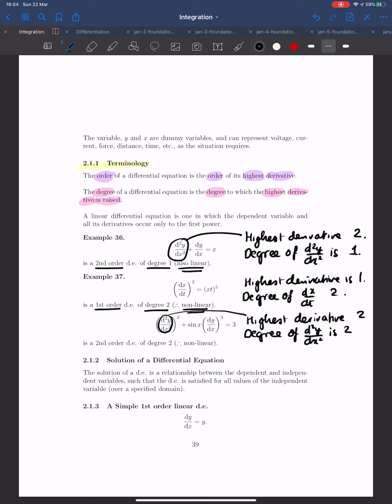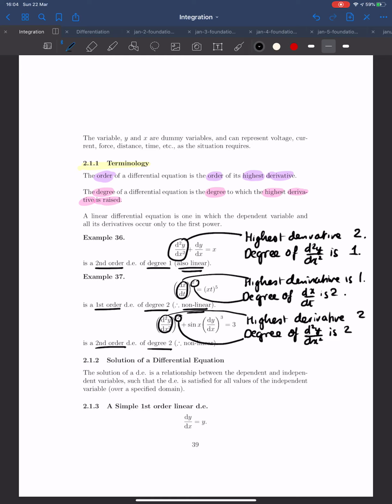Even though there's a 3 in this other dy by dx, that doesn't count for anything because it's not the highest one. So the highest derivative is there, and the power is 2. So it's second order, degree 2. You've got to look for the highest derivative, that gives you the order, and then see what power it's raised to, and that gives you the degree.